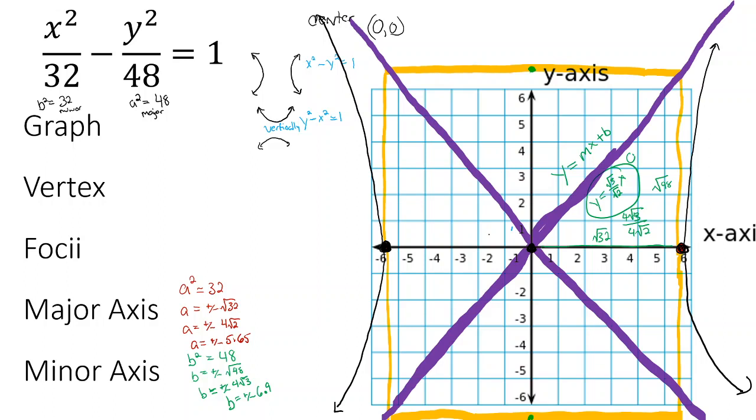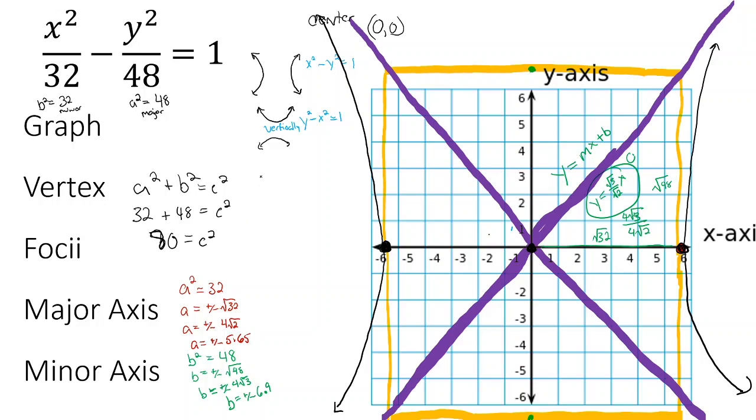All right. Last thing to find is the coordinates of the foci. So you got a squared plus b squared equals c squared. This time you're still going to use 32 and 48 as a squared and b squared. Makes our lives a little bit easier because we got 80 is c squared.